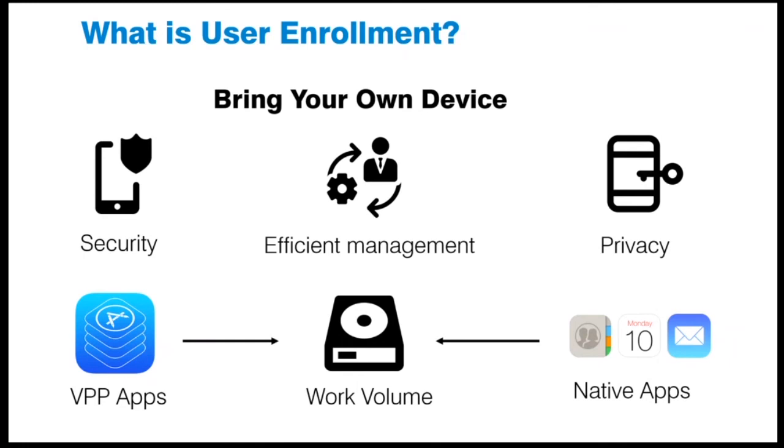The native apps will support dual identities. That means you will be able to have a managed Apple ID, a corporate Apple ID, as well as a private Apple ID connected to those apps. So that would be calendar, mail, keychain, notes, where you can have both the corporate data as well as the private.